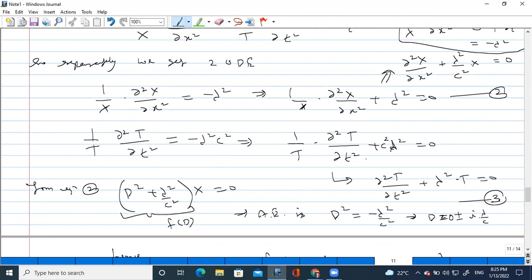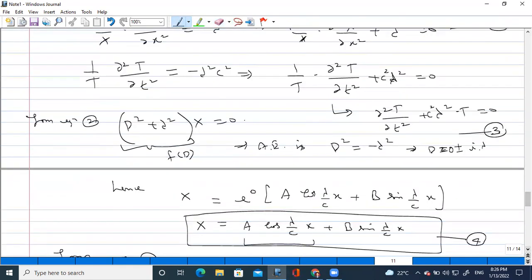It will be c square lambda square. So if you are solving the equation number 2, here c square is not there. This c square you can remove. This c also you can remove. So c will not be here.